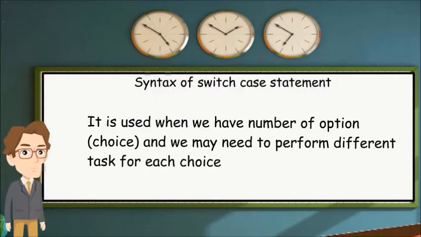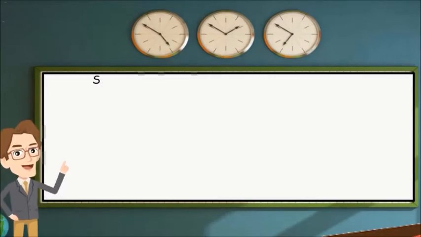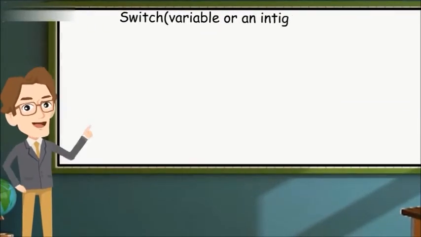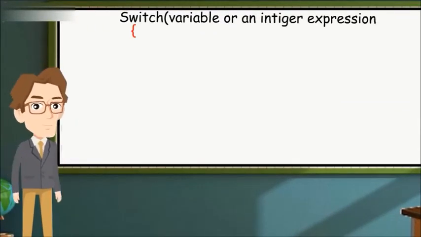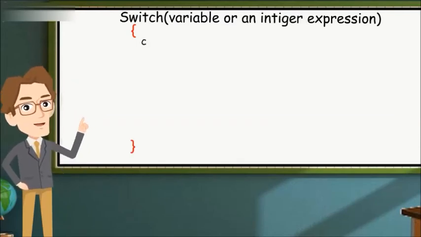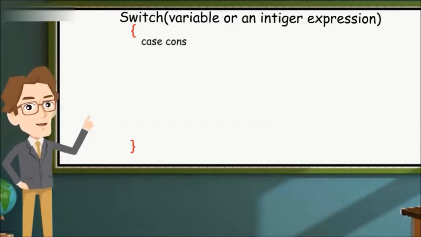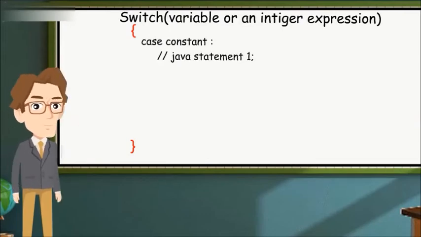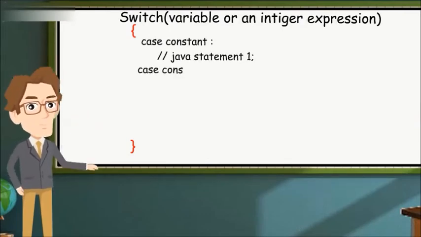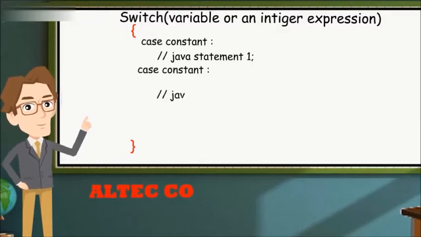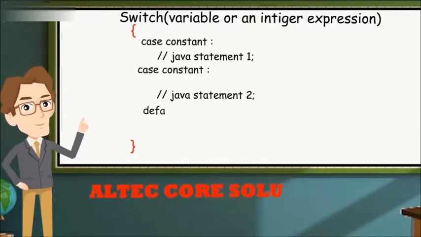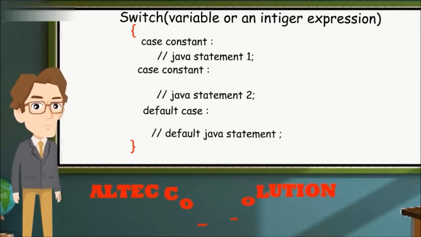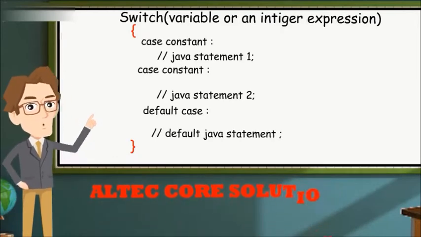So the syntax of the switch case statement: switch, a variable or an expression, and then the body of the switch case: case constant, and then declare the first Java statement, next case constant, declare the next Java statement, and at the end the default statement will be declared.